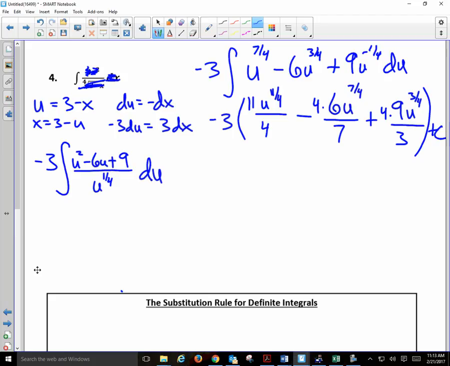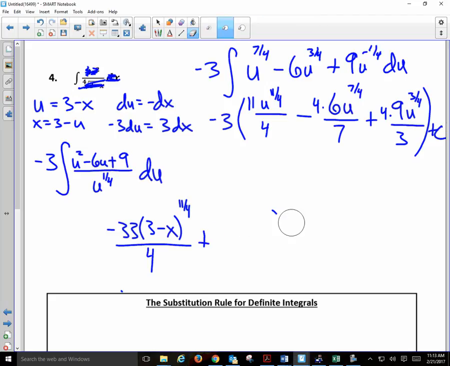Okay, so now I'm going to distribute the -3 and put u back in, and u is 3 minus x. So -3 times 3 minus x to the 11/4 over 4. Plus 24 times 3 is 72. 72 times 3 minus x. Oh, 4/11.